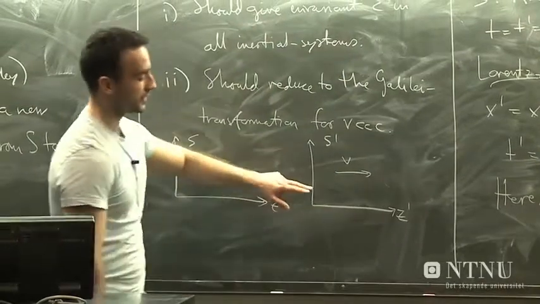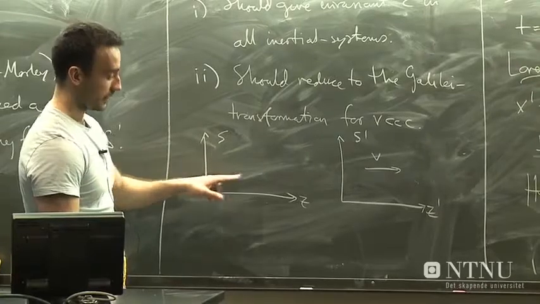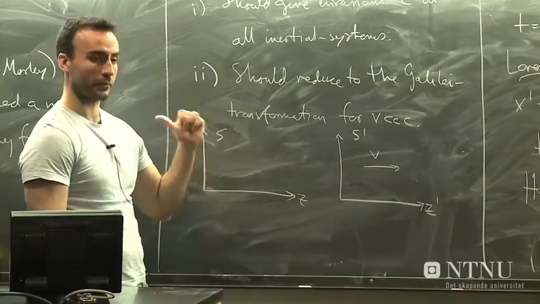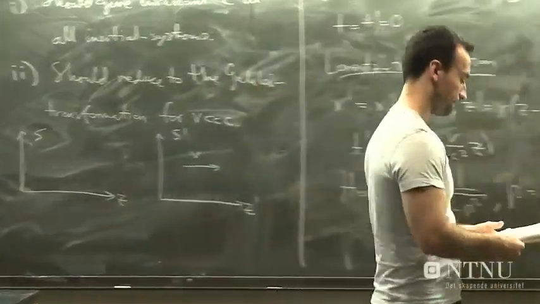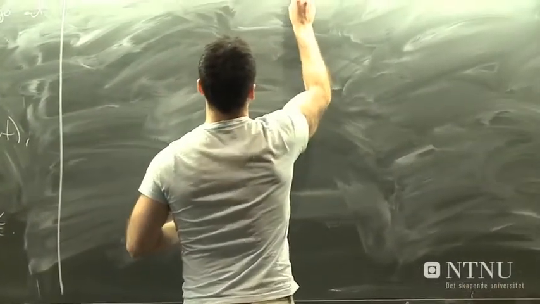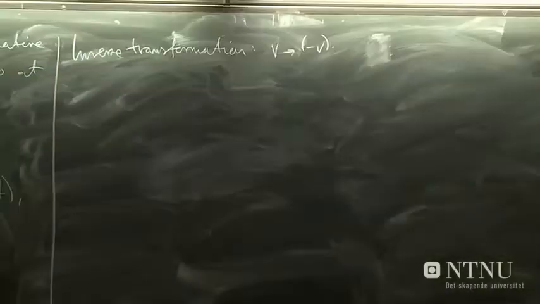Because if we are positioned here, then we are observing this system. As we see it, this system is moving in the opposite direction with the same velocity. So we get the inverse transformation just by changing the sign of the velocity.